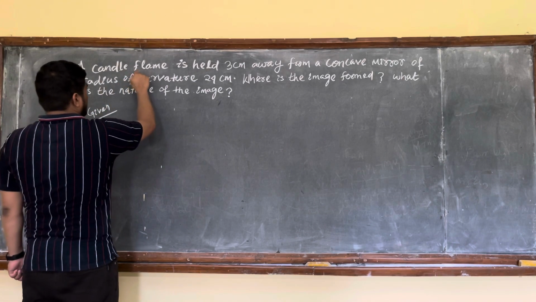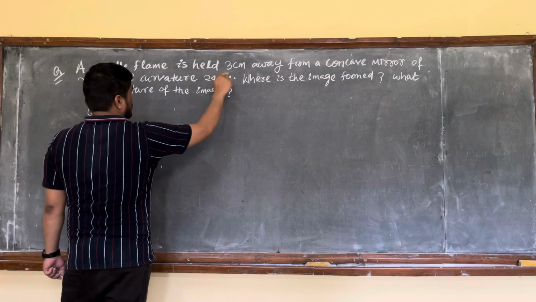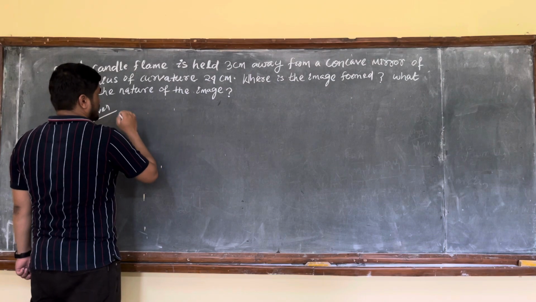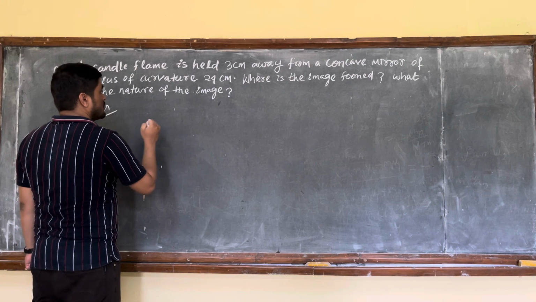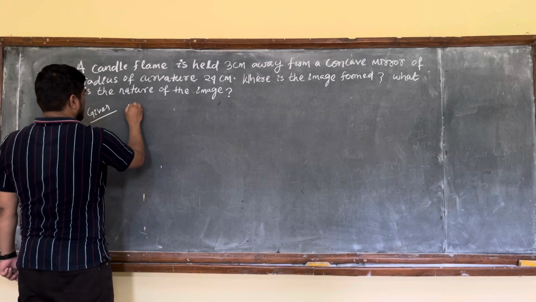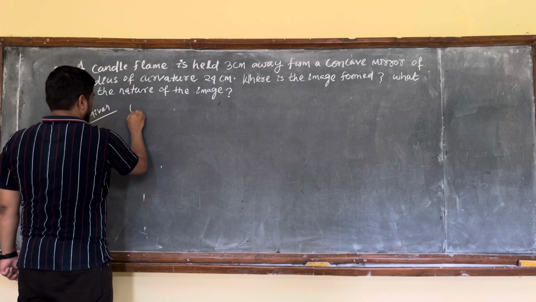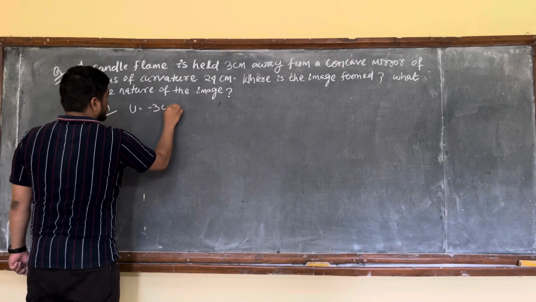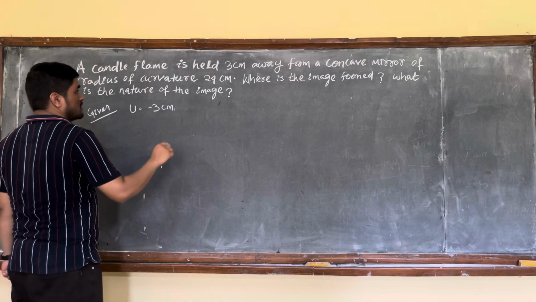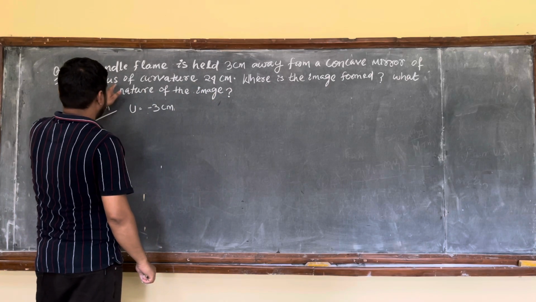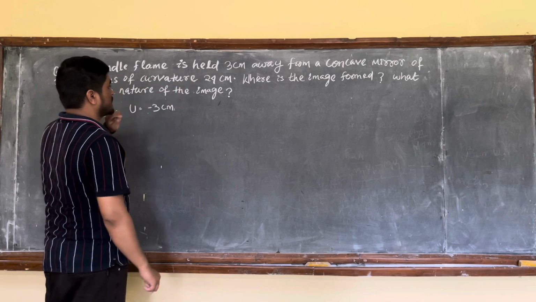Given, the candle flame is held 3 cm away from the mirror. That means this is the object distance, and this will be negative because it is situated left of the mirror. So the object distance u is minus 3 centimeter, and the mirror is a concave mirror whose radius of curvature is 24 centimeter.